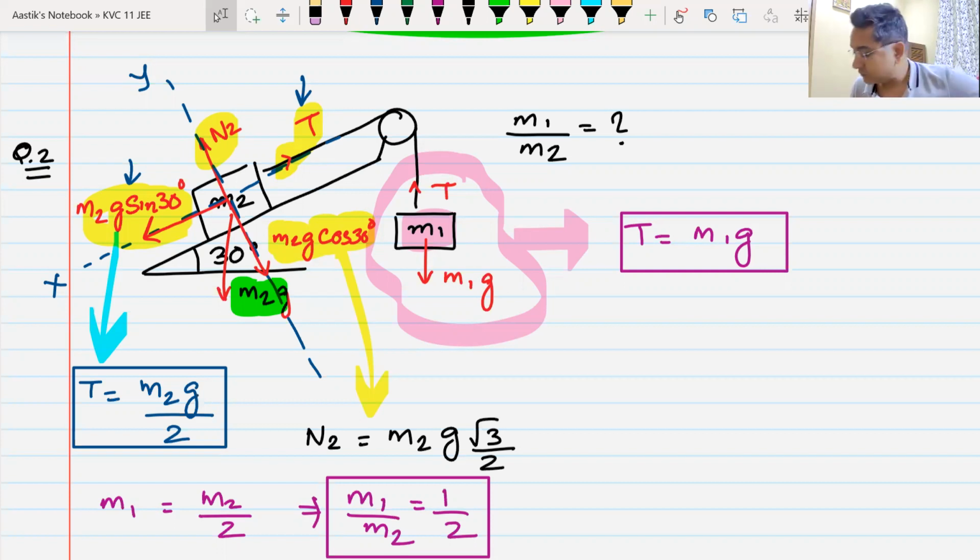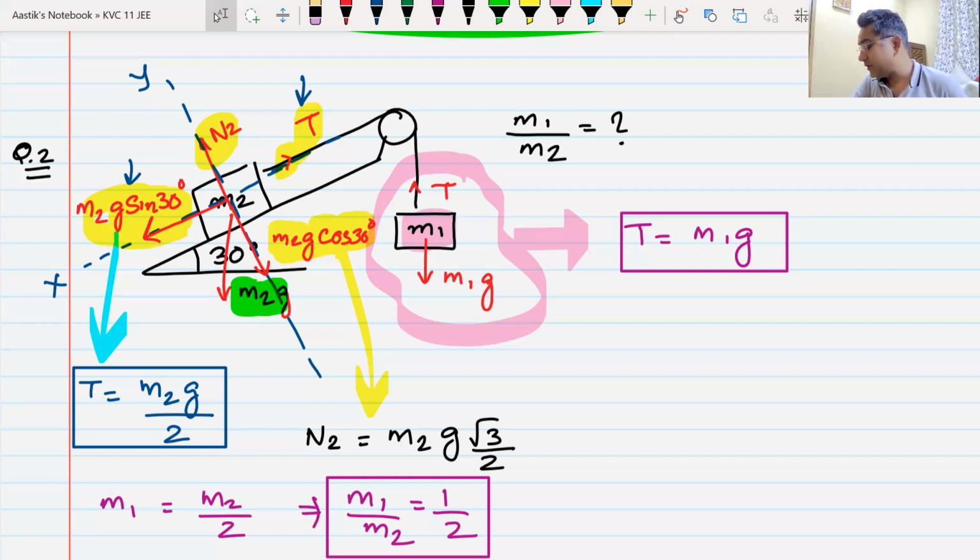This question, how many constraints were there? There were two constraints put here. What were the two constraints? One was the plane constraint, because this block on the inclined plane can only move along the inclined plane. Then there was string constraint, depending on which is more, M2 G sine theta or M1 G. Okay, this was a question of equilibrium, I think.